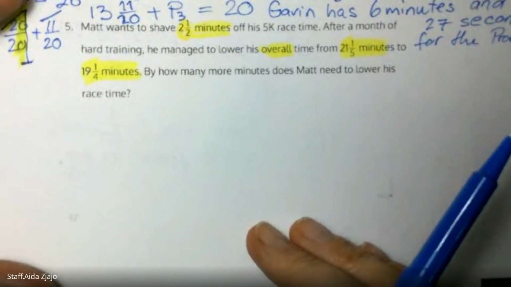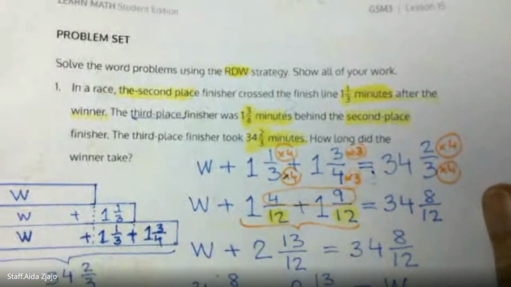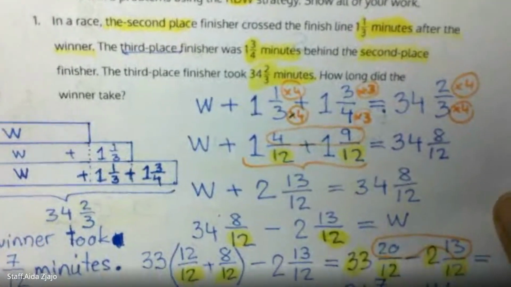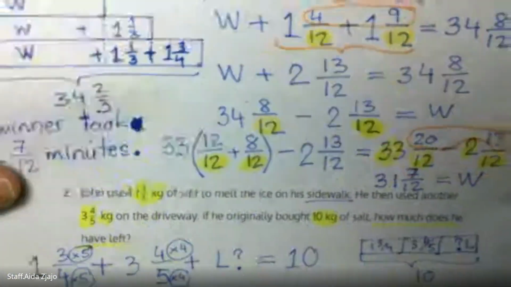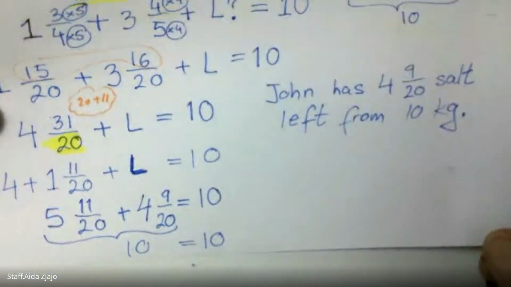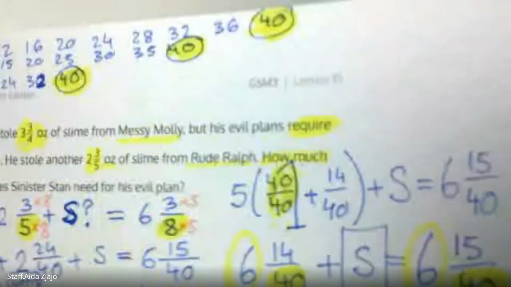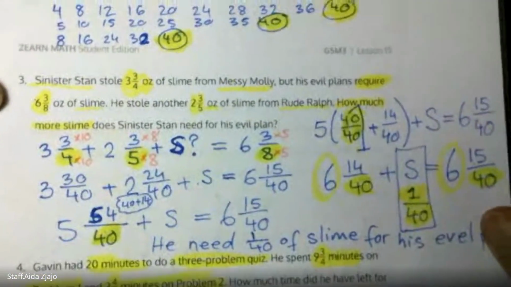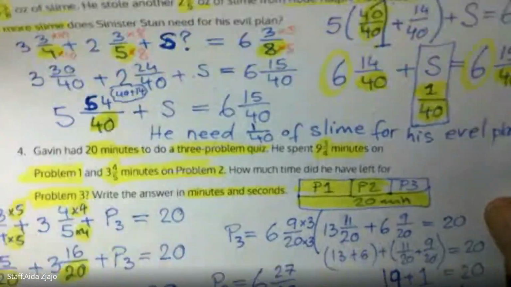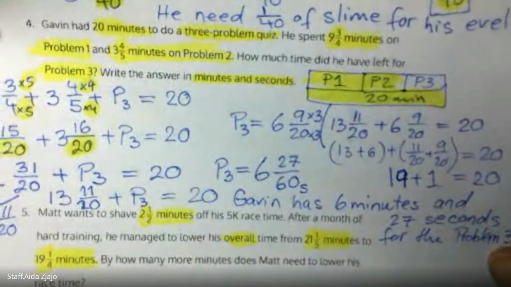Hello. From the last set of problems of grade 5 mission 3 lesson 15, we did problem set 1, problem 1, and then we did problem 2, and then problem 3, and then problem 4.